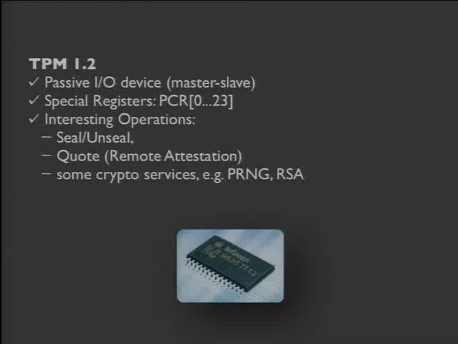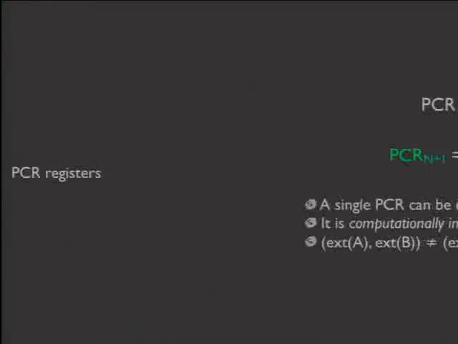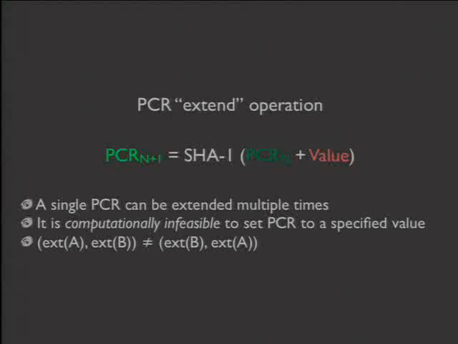So PCR registers. PCR registers are somewhat funny because one cannot directly write to a PCR register. One can only extend a PCR register. The extend operation is illustrated here with this equation. The whole idea about extending is that a single PCR can hold multiple results.